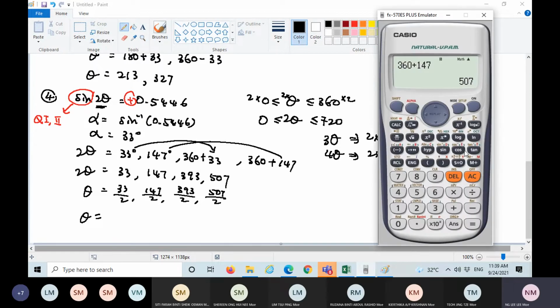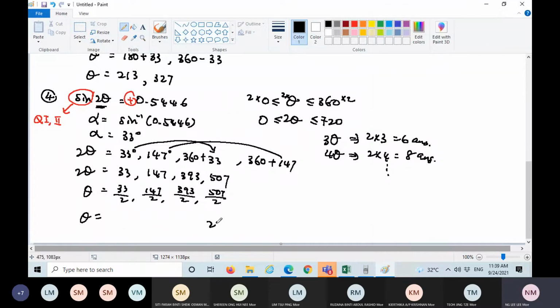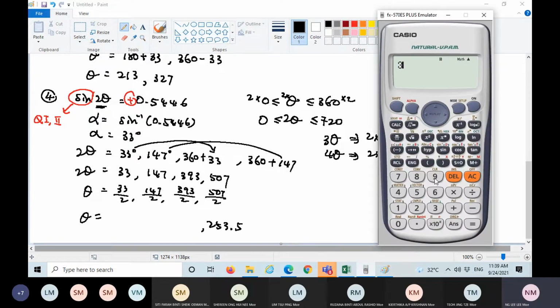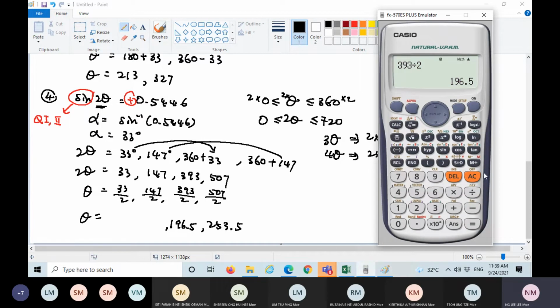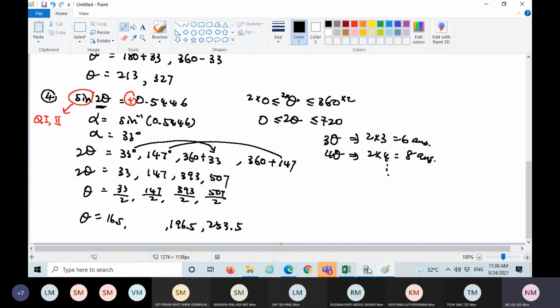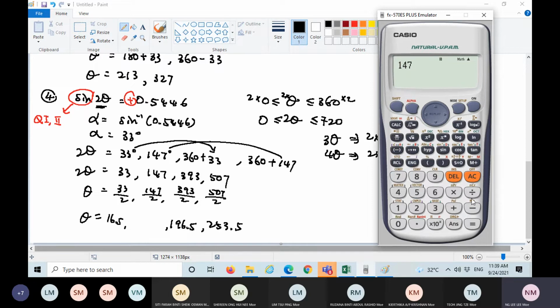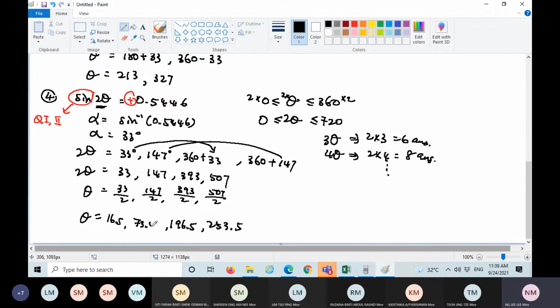Since I have 507, divide by 2, this is 253.5. Can have point. Then this is 393 divided by 2, 196.5. 33 divided by 2, 16.5. 147 divided by 2, 73.5.